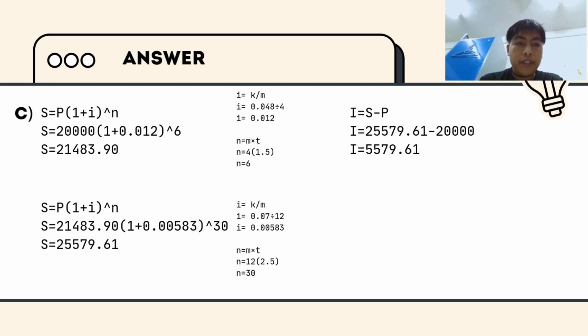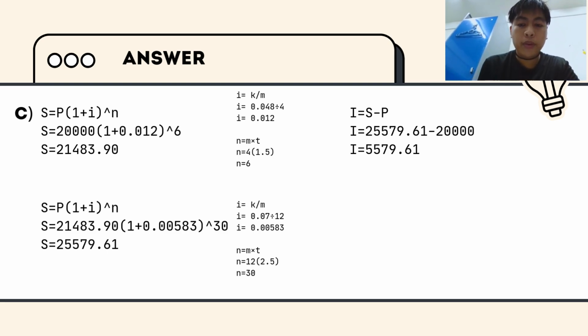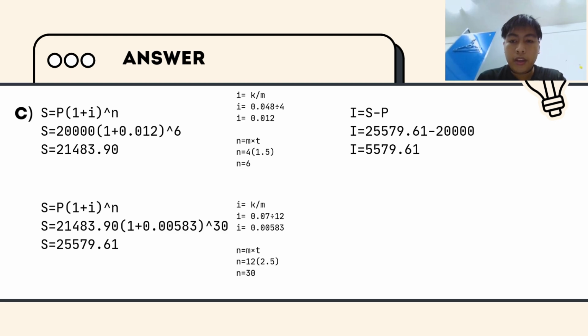Answer: For the first year and 6 months, we will use the formula S equals P open bracket 1 plus i close bracket power of n. S equals 20,000 open bracket 1 plus 0.012 close bracket power of 6. The answer is 21,483.90.